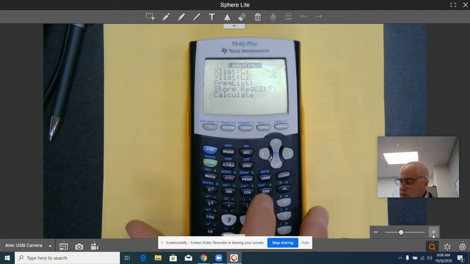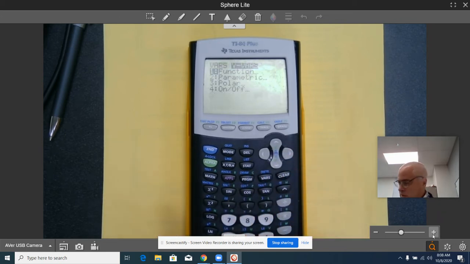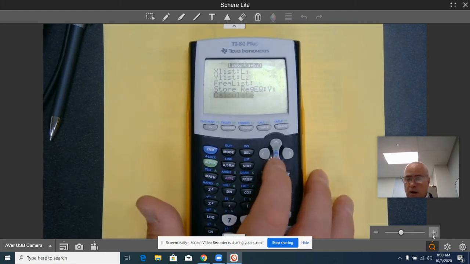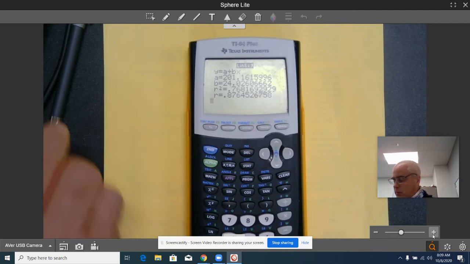To store the regression equation, press Vars, Y-Vars, Function, Enter, and that equation will be stored on your calculator. And calculate. Now you should check: do you get the r squared and the r showing up? If not, you have to go into Catalog and turn Diagnostics on. That's something I can go through in more detail if you need to see it.